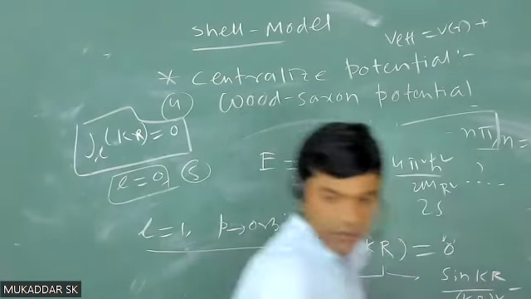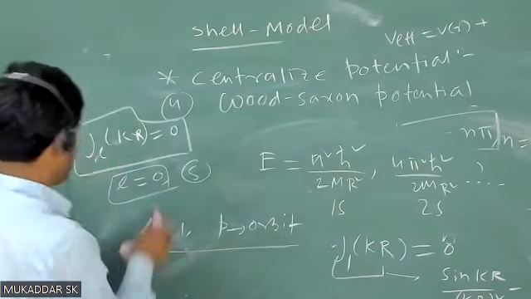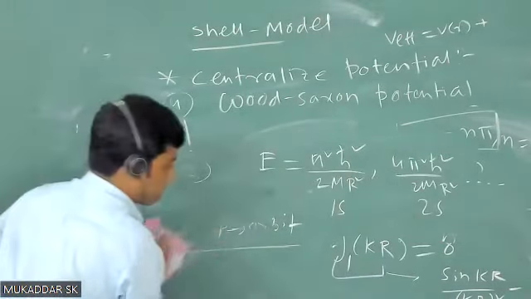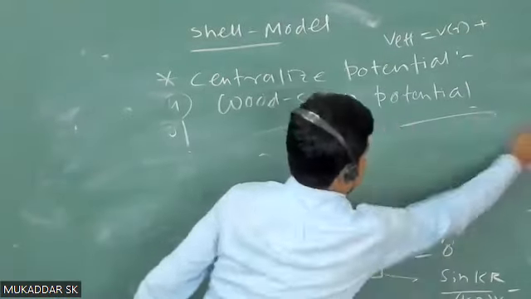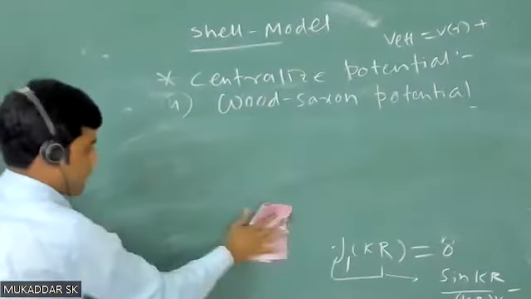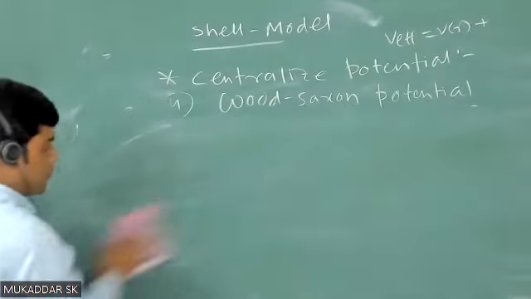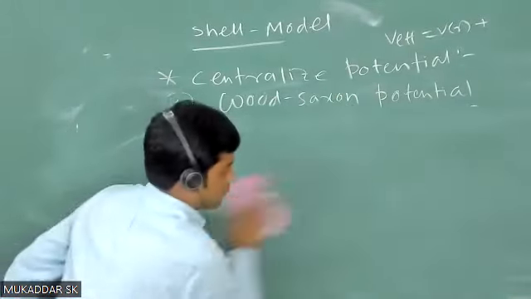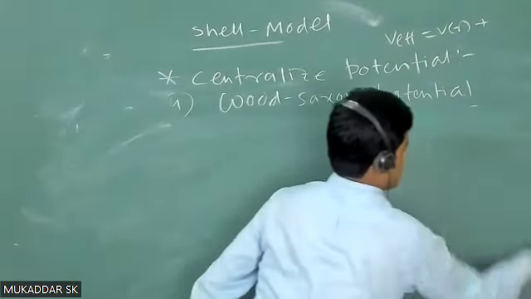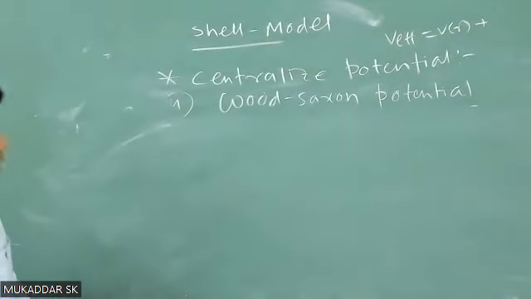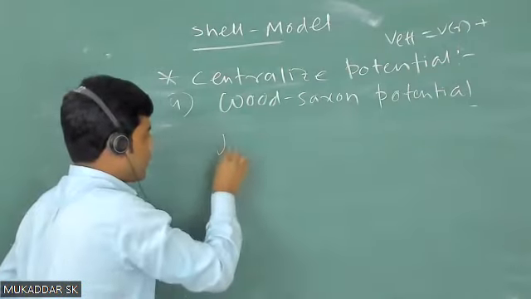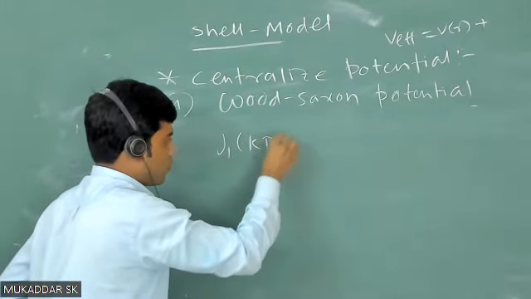minus, दिख रहा है कि नहीं? दिख नहीं रहा है. Again I have to write j_1(kr) equals to 0.